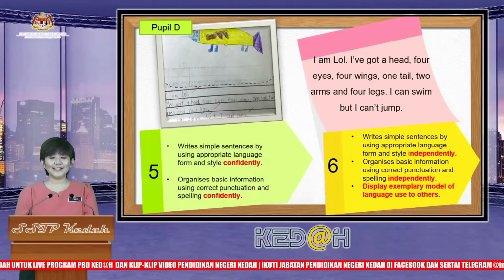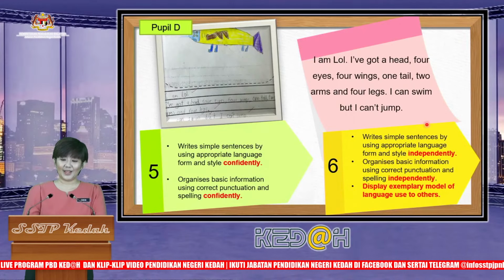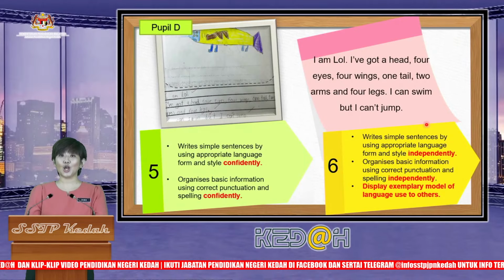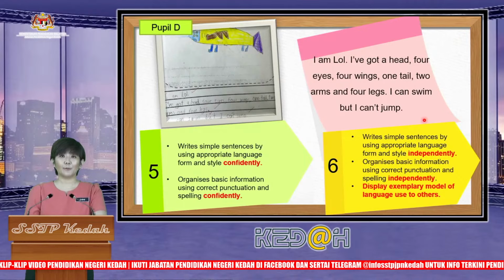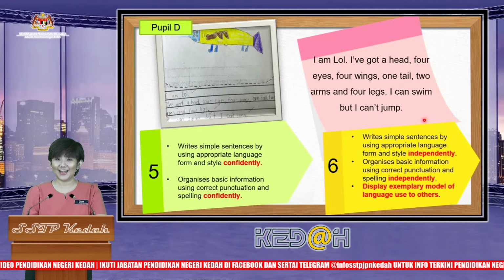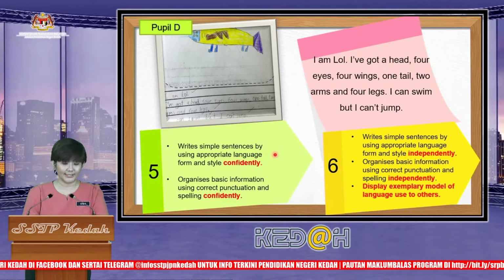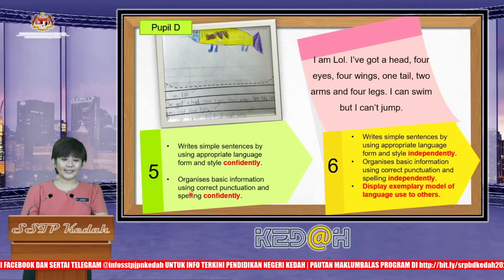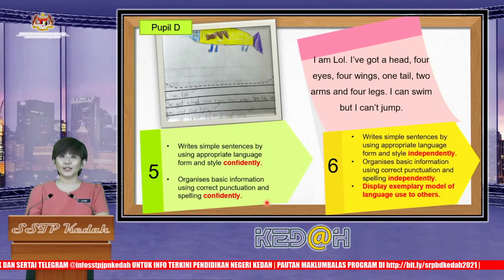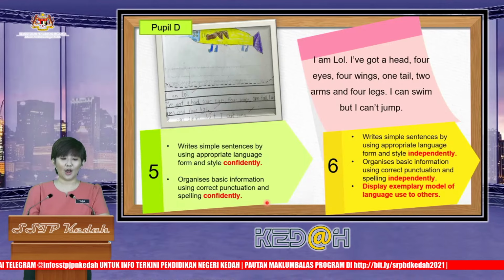Okay, now this is pupil D. So before we look into his work, let's compare the descriptors for PL5 and PL6. So let's look at PL5. So the pupil can write simple sentences by using appropriate language form and style confidently. Organize basic information using correct punctuation and spelling confidently.